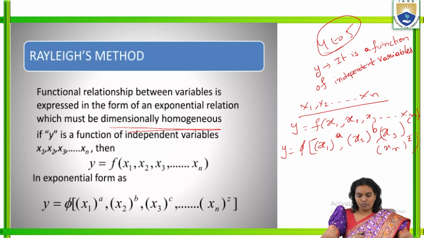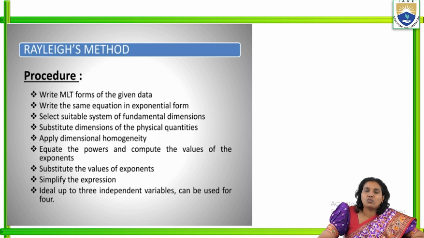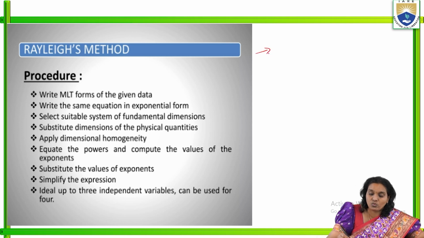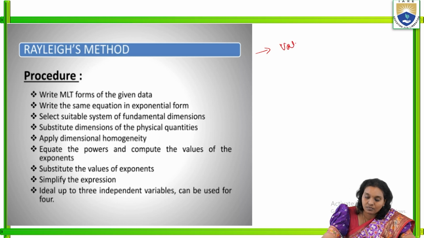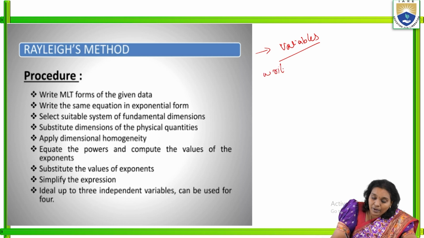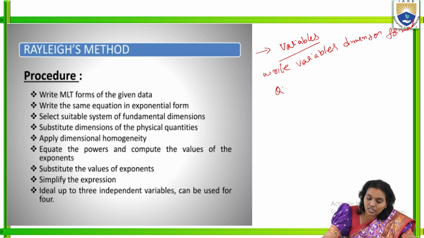This is Rayleigh's method and this is the procedure. The first step is to write the variables in dimensional forms, that is, the dimensional quantities.